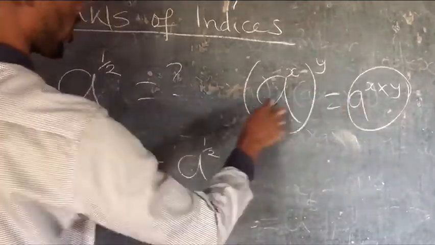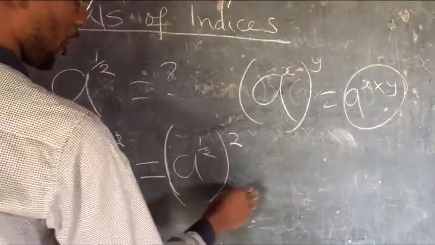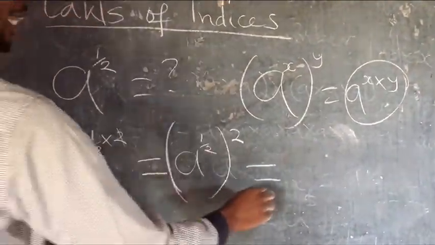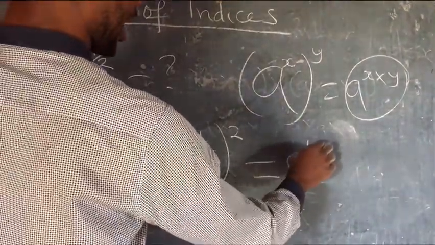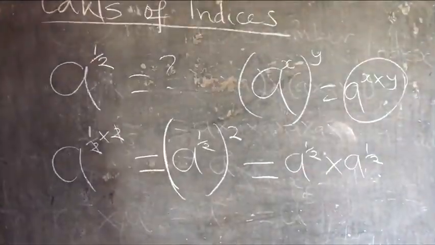If I want to come from here to here, I do a raised to power half times a raised to power half.